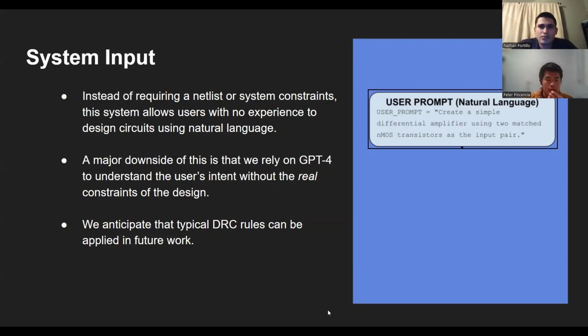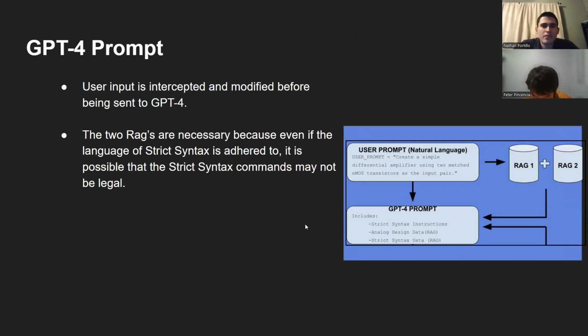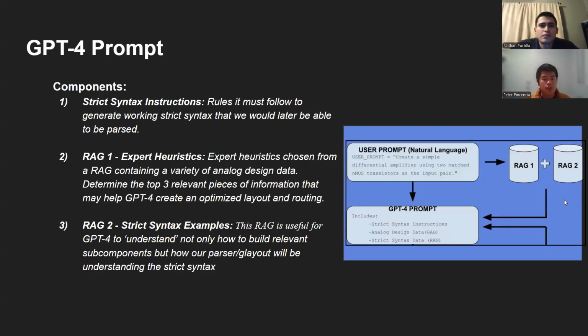In this system, we use two RAGs. When the user inputs a prompt, the GPT-4 prompt is modified so that it can be used for the strict syntax used for Glayout, but also to generate the circuit netlist. As you can see, there are two RAGs. The first RAG is for expert heuristics.